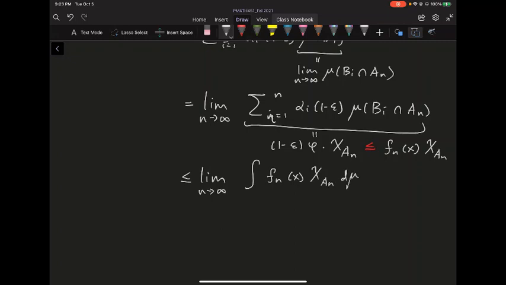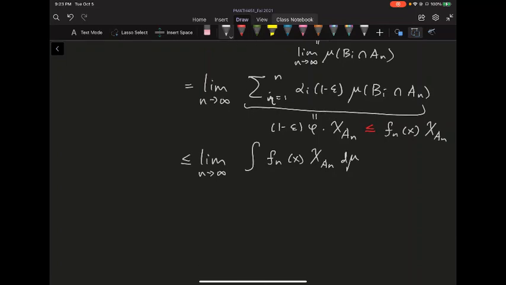This follows from the integral being monotone. Because you're integrating over a smaller set, fn chi of An is less than or equal to fn of x. So each one of them is going to be less than or equal to the integral of fn d mu, and of course, you can keep the limit.